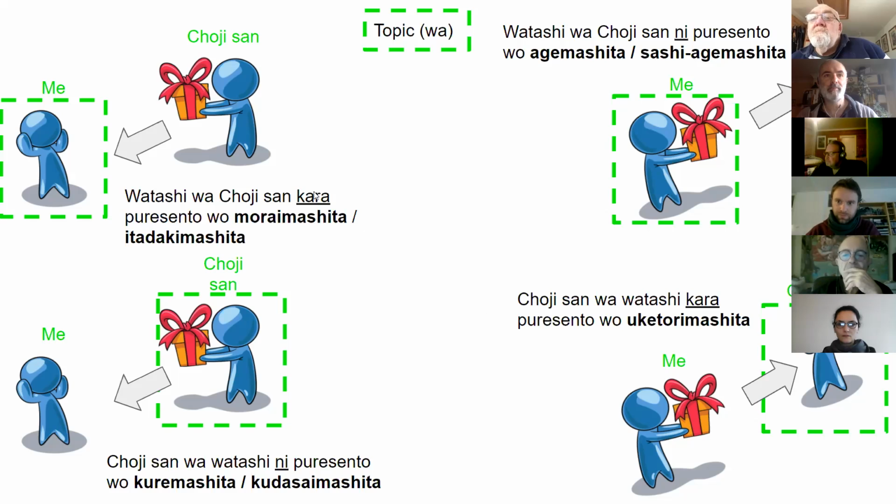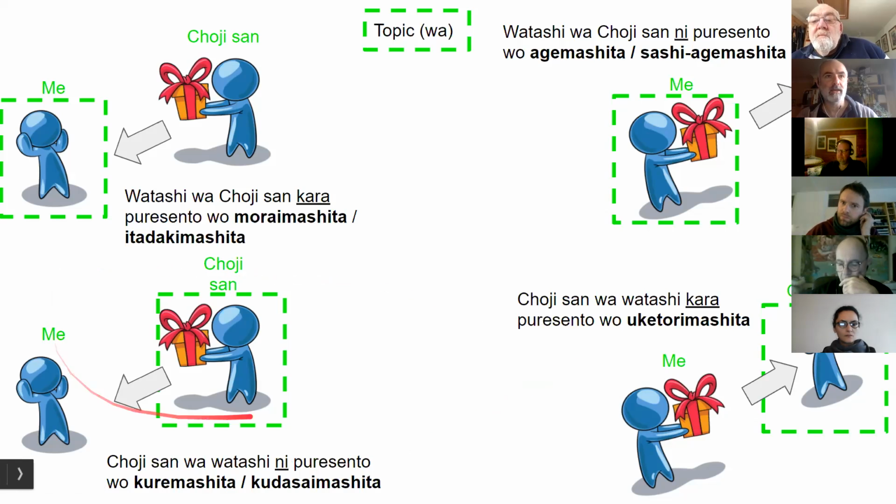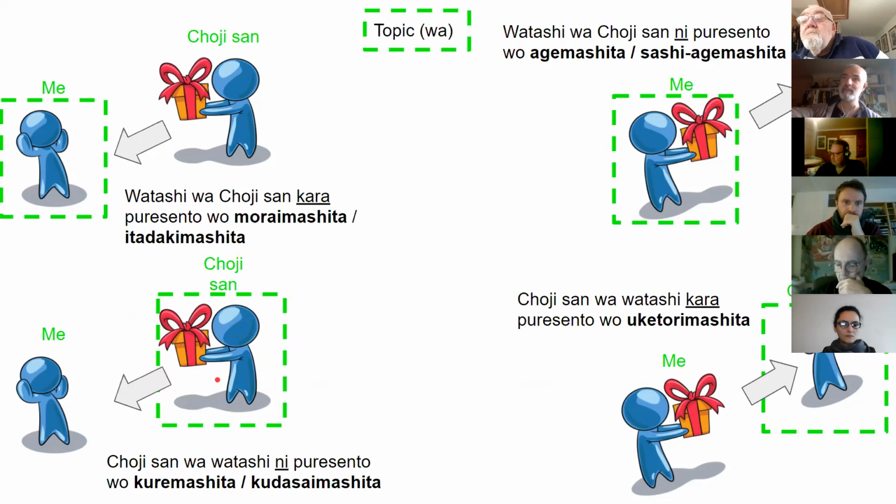And then in the bottom left, in this one here, I'll turn on my red glowy pointer. In this one, now we are marking the other person. So in this case, it's Choji-san. He is giving you something. So now you mark him with wa or ga, so Choji-san wa, and then ni marks the direction of him giving it to you.